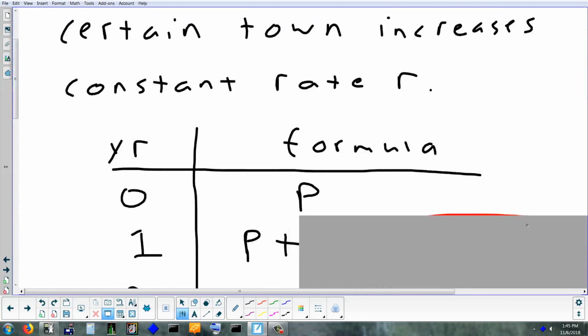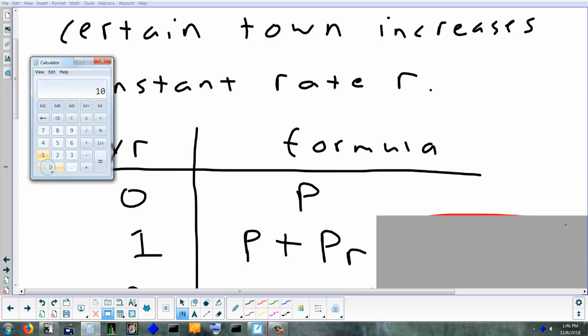You had P, and then the growth is P times R. So if you had 100 people and the growth rate was 2%, you'd just do 100 times 0.02. That means the growth was 2. You already had 100. Now you'd have 102.